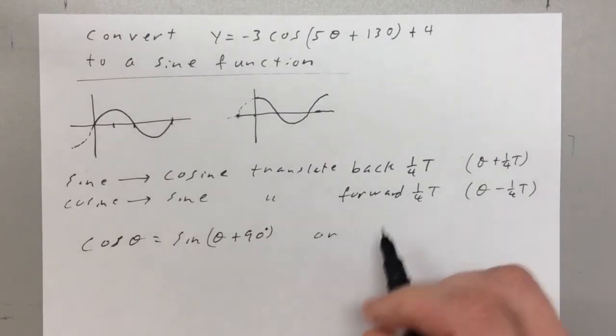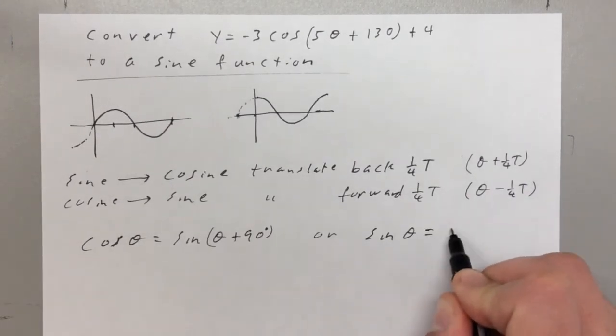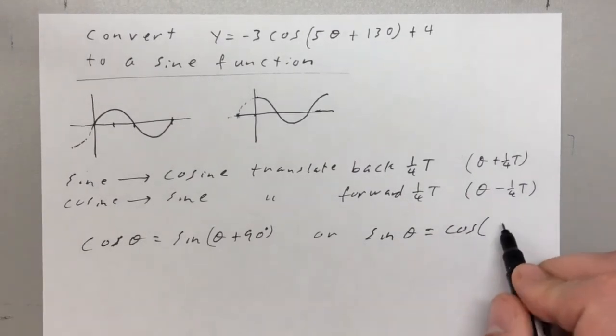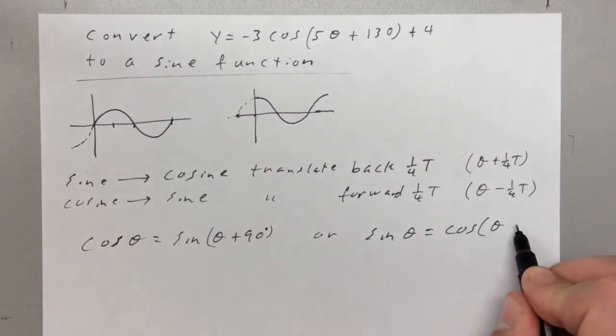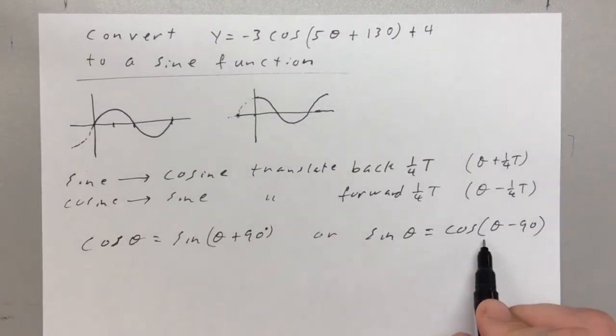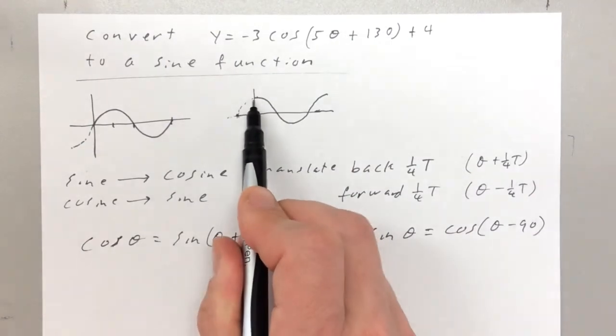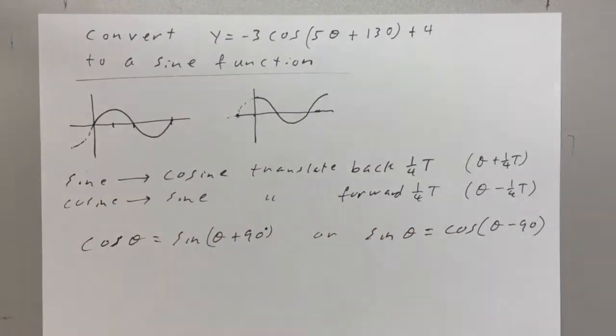Or we could write sine theta equals cosine of theta minus 90, because I'm going to move the cosine function forward 90, to get a sine function.